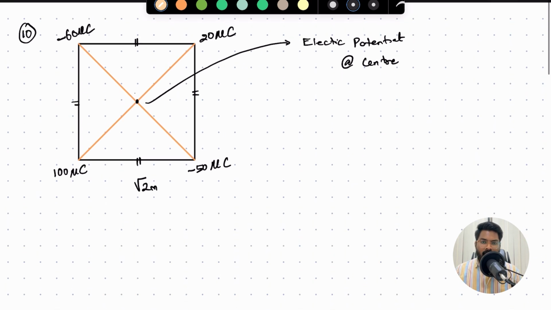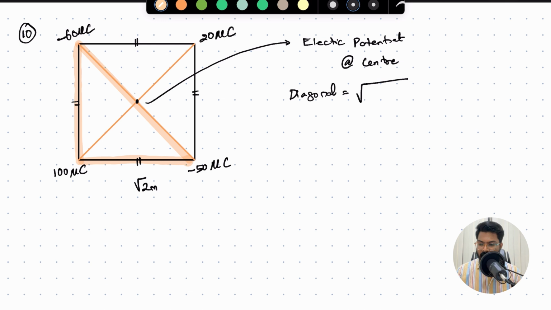Now to do that, can we first calculate how long the diagonal will be? The diagonal we are looking at is given by the square root of the sum of the squares of the other sides, by the Pythagoras theorem.